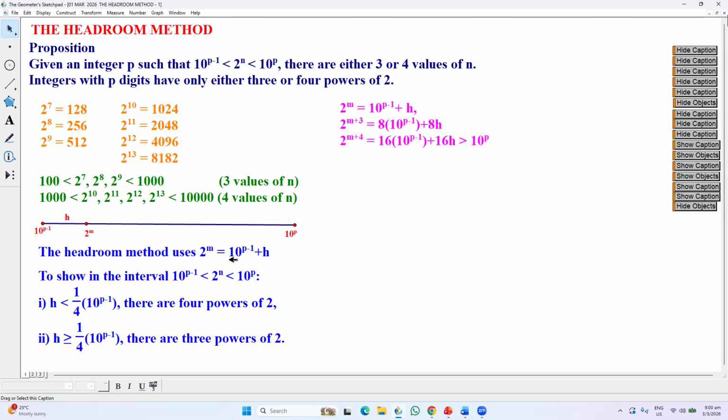You start with the headroom: 10^(p-1) + h = 2^m. If we multiply by 8, then we have 2^(m+3) = 8 times 10^(p-1) plus 8h. 2^(m+4) means we multiply by 16, so we get 16 times 10^(p-1) plus 16h, which we know, since 16 is bigger than 10, is greater than 10^p.